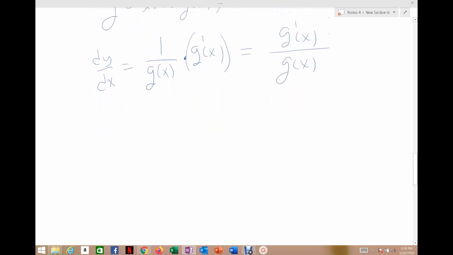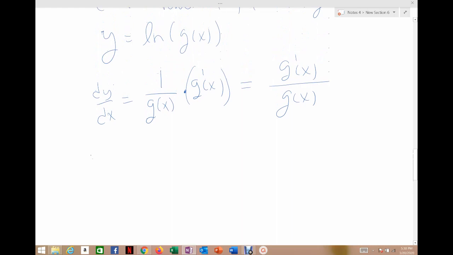I might leave my rule up here. Suppose it's just the natural log of 10x. There's something other than x inside. So when I take the derivative, it's 1 over the function inside, so 1 over 10x, but I'm not done yet, times the derivative of the inside.